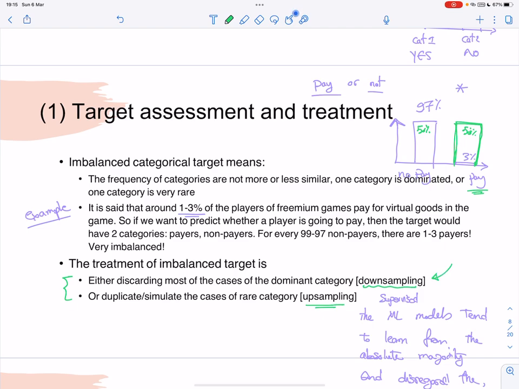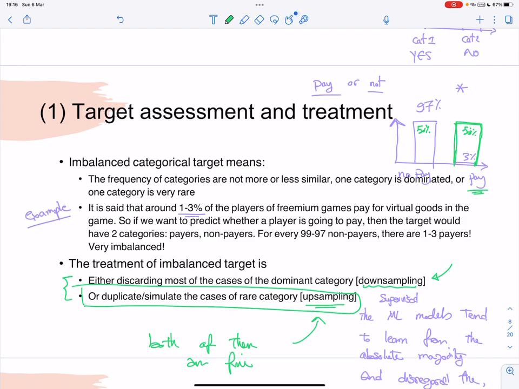I think that there are more people on the side of downsampling, but both of them are fine, and I'm fond of upsampling because I don't like to lose any of my cases.